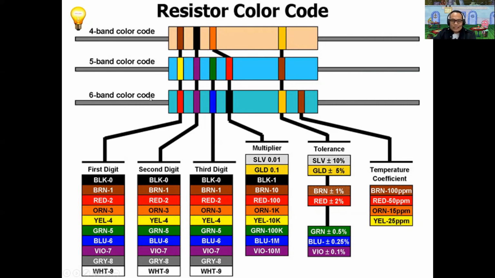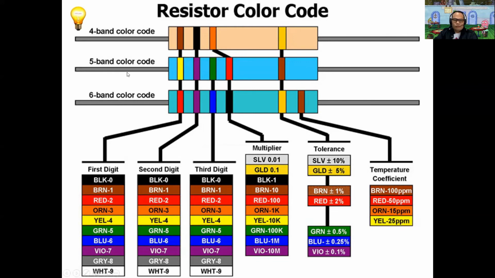These colors represent different values. As you can see, this is the line for the first digit. This is the line for the second digit. This is the line for the third digit for the 5-band and 6-band color codes. But for the 4-band resistor, this is the line for the multiplier.